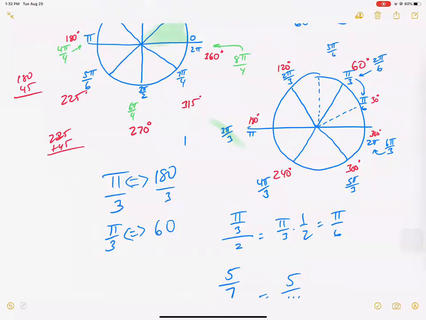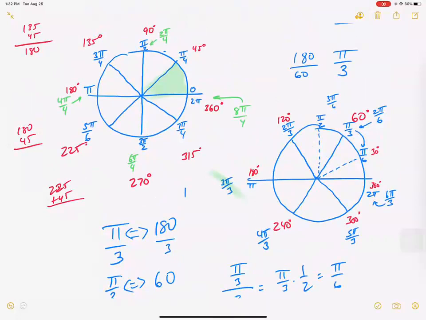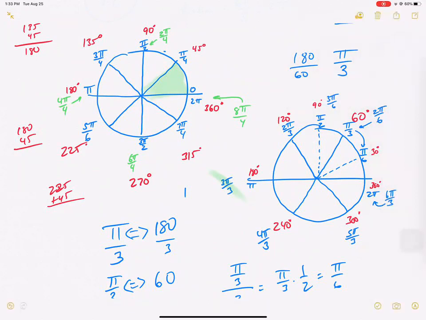Yes, it does, and it goes back to pi over 2, which is the same as 90 degrees. 30 plus 30 is 60, 60 plus 30 is 90, 90 plus 30 is 120. So all these fractions line up. So they, in essence, will start overlapping.